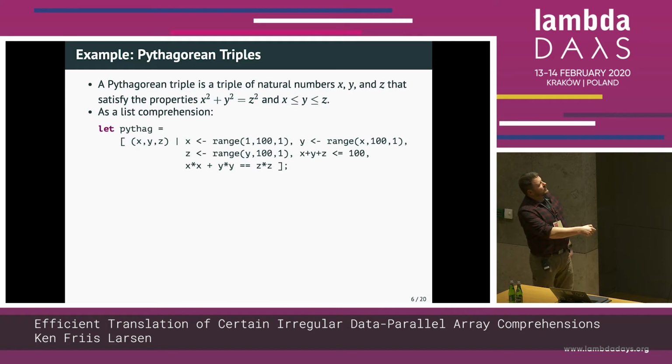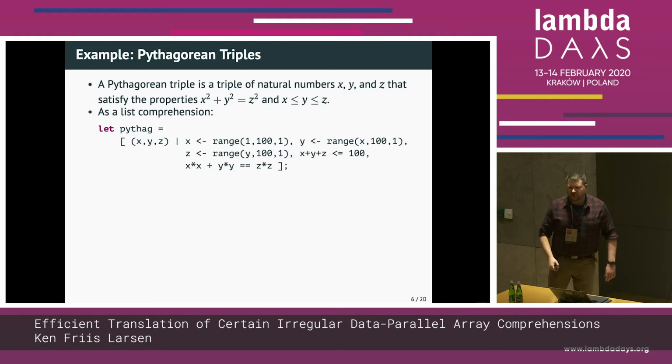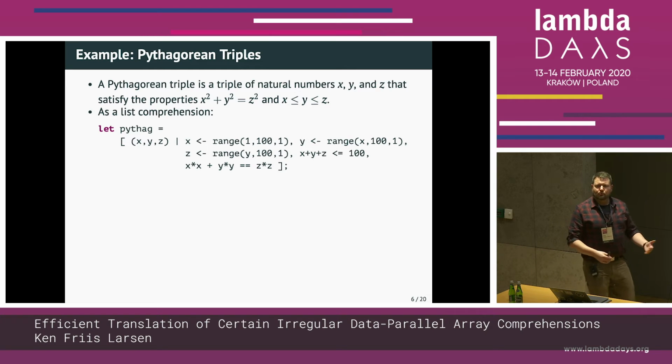So here it's a bit irregular because the range of y depends on x, and the range of z depends on y. So we have this irregularity, which makes it hard to do with straight maps at least.